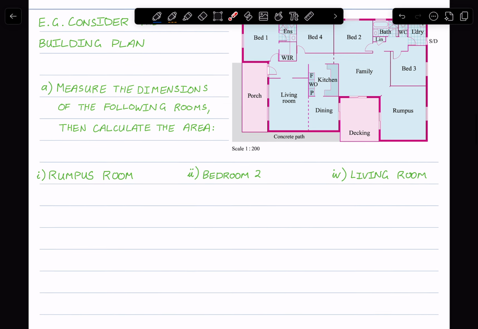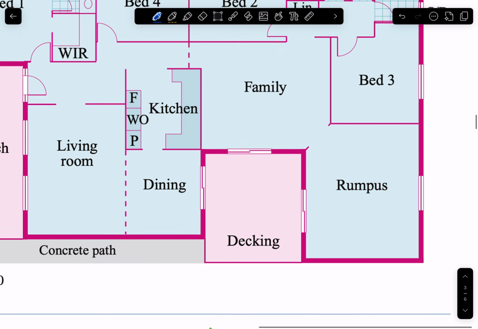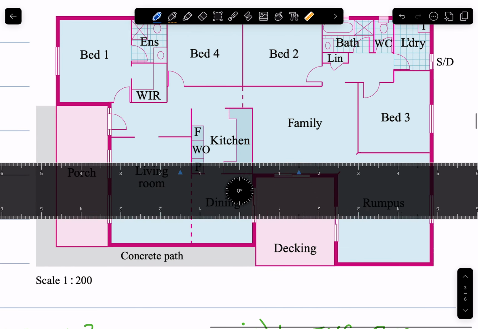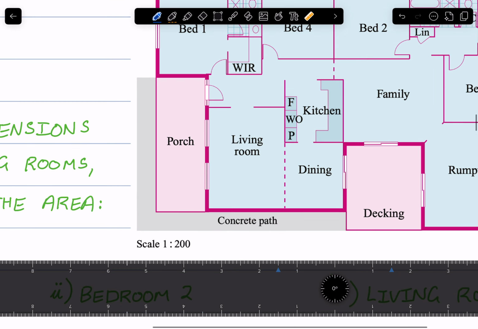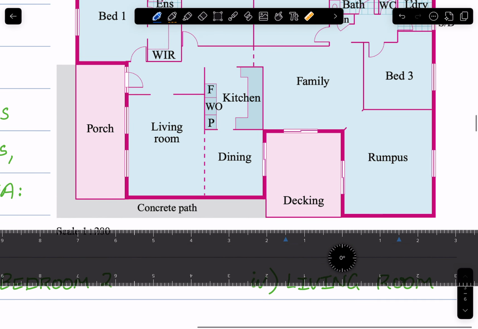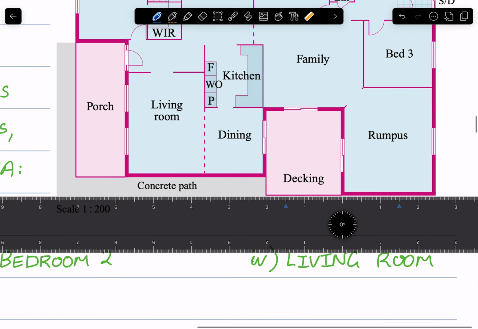Okay, so here it says the rumpus room. I'll demonstrate first. When it says to measure, it literally means we're going to be grabbing a ruler. Got a very unique ruler here. It gives a to-scale measurement, hopefully, once this is printed out.